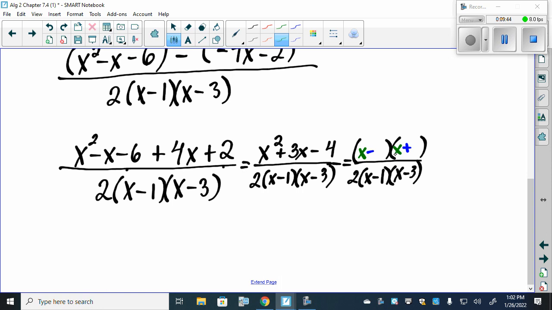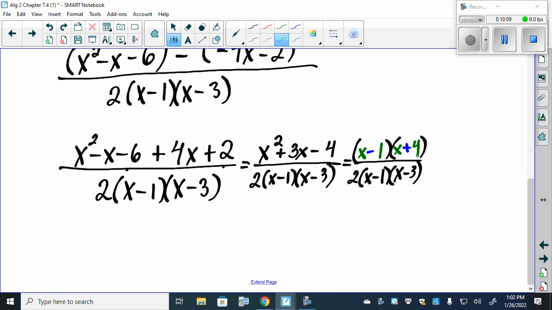We need it to be 1 and 4, and which one would be negative? And the 4 would be positive. And this would work out to give us a positive 3x. Now we knew the factors couldn't be 2 and 2 because there wouldn't actually be a middle term. X plus 2 times x minus 2 would be our factorizations of the difference of perfect squares, which x squared plus 3x minus 4 is not.